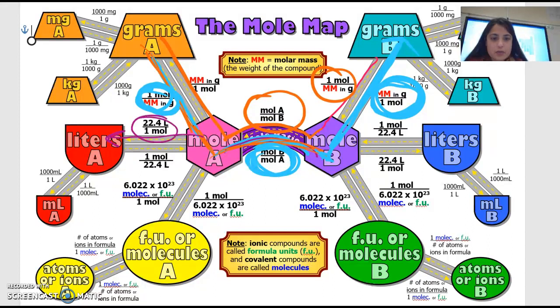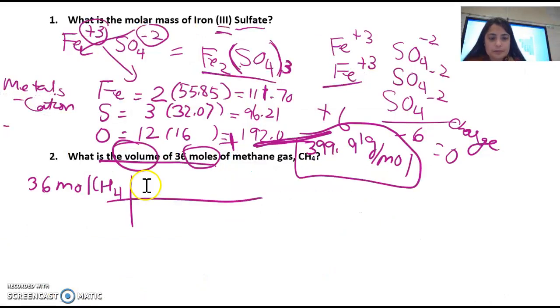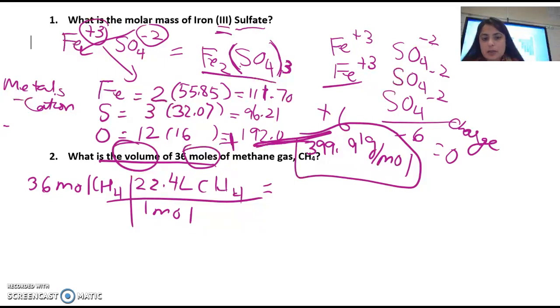So you're going to put 22.4 liters over 1 mole. So you multiply those and you should get 806.4 liters methane, okay?